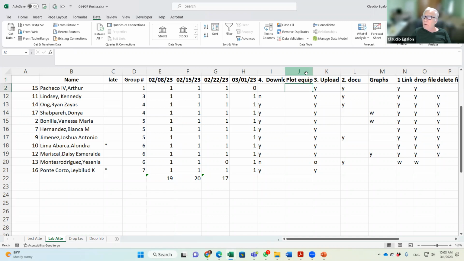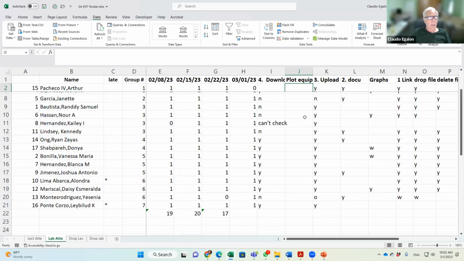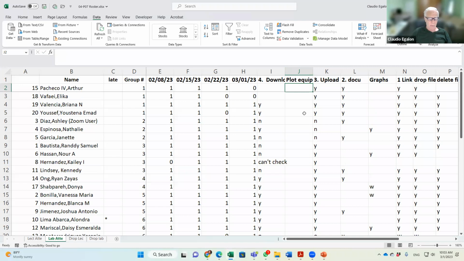Let's take our break first. Okay, and then when we are back from the break, I will ask you if you are able to plot the equipotential.